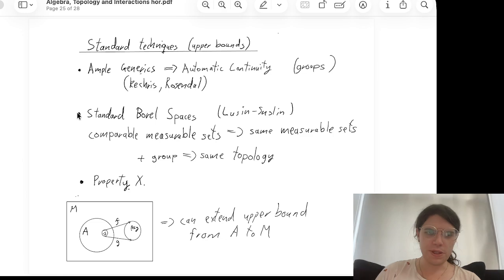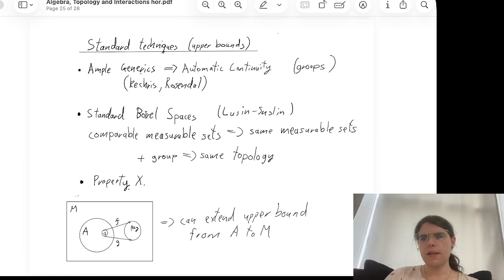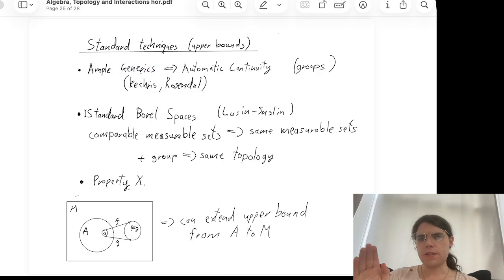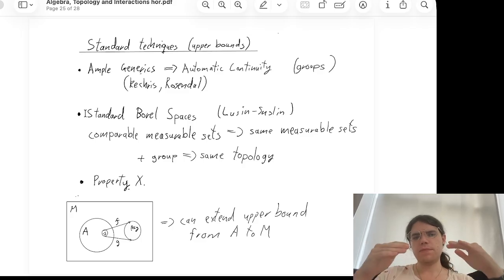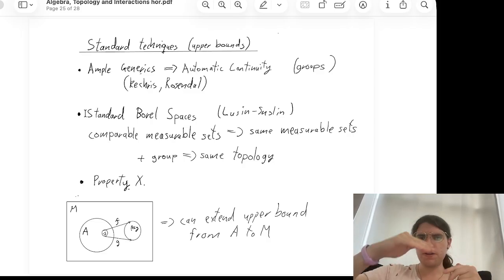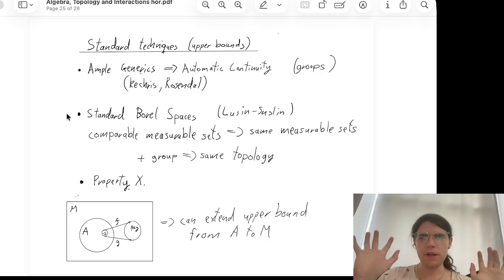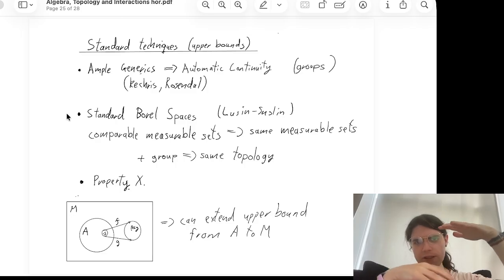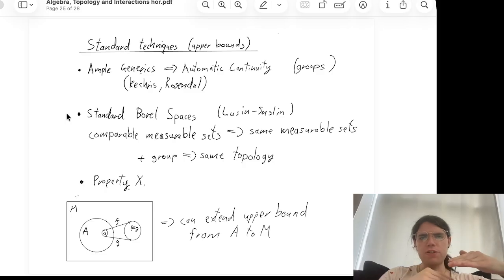So if I have a Polish space, and I was assuming the group was Polish for this as well, and I have another topology on the space which is comparable with it, there is a famous result of Lusin and Souslin, which says that any two comparable Polish topologies on a set have the same standard Borel structure, meaning they have the same measurable sets. And this sort of implies that up to small sets, the topologies agree.